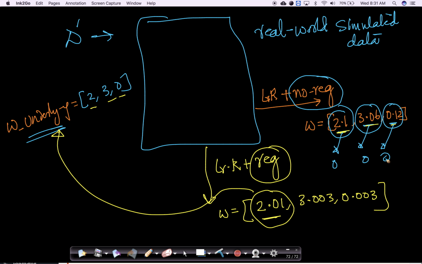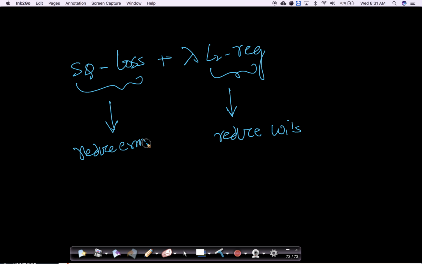So if you look at the whole optimization scenario, you have your squared loss plus some lambda times your L2 regularizer. The L2 regularizer is trying to reduce your Wi's. This is trying to reduce your error. So there is a tug of war happening between these two things.